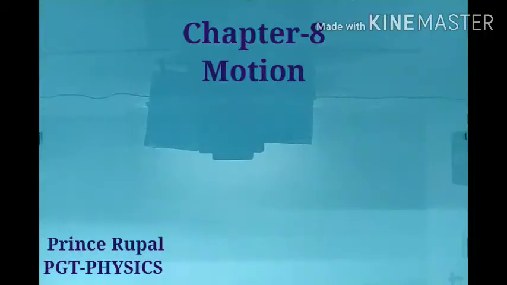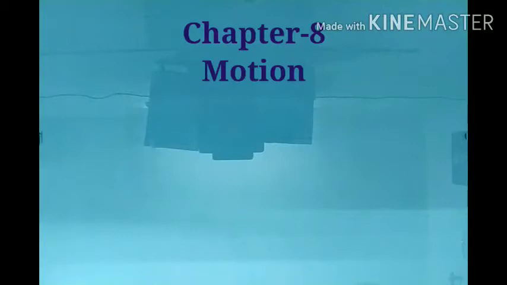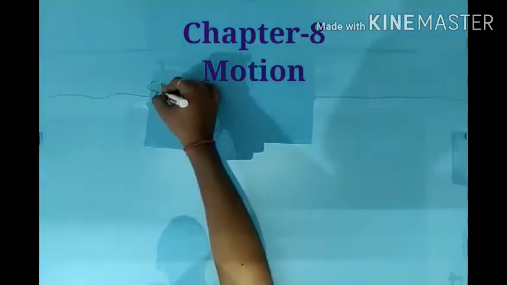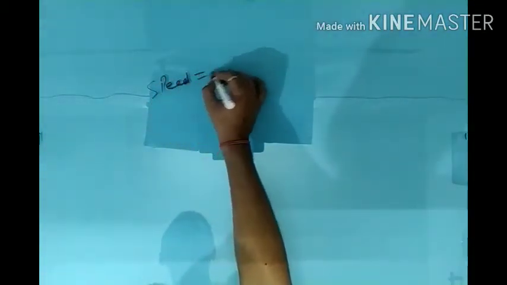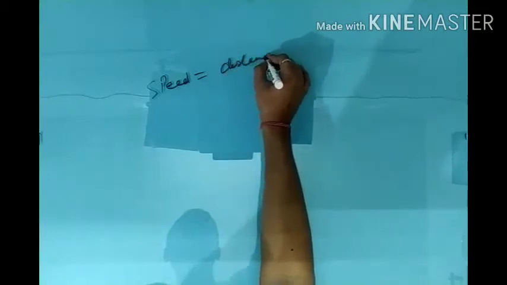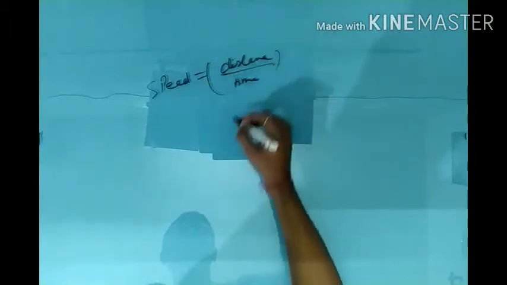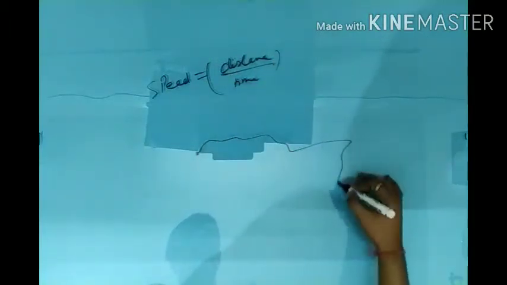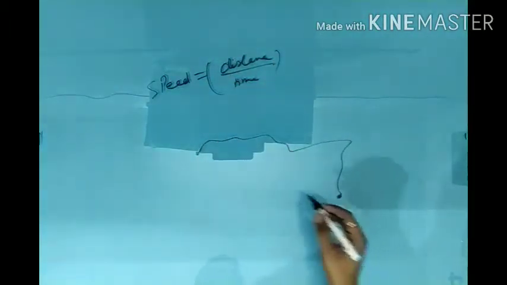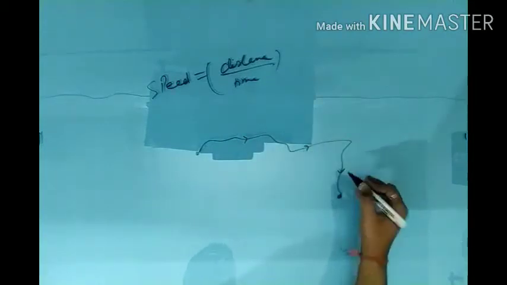So previously we have done up to the topic speed and average speed. Just recapitulating the same topic, as we know, speed is equal to distance over time. It means how much distance an object covers in a particular time, that is called speed.